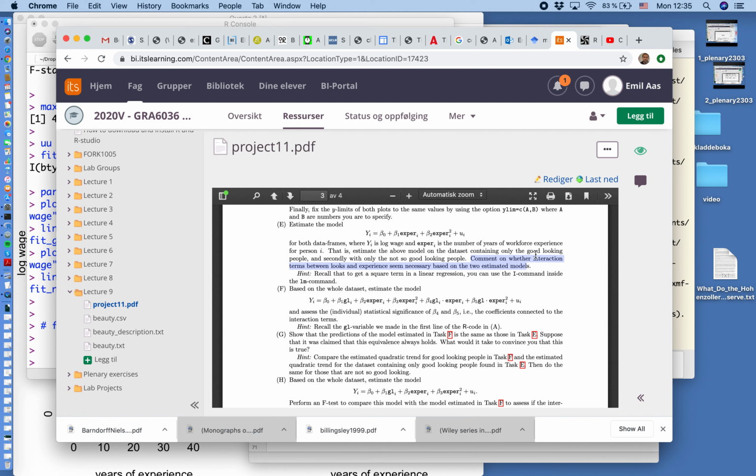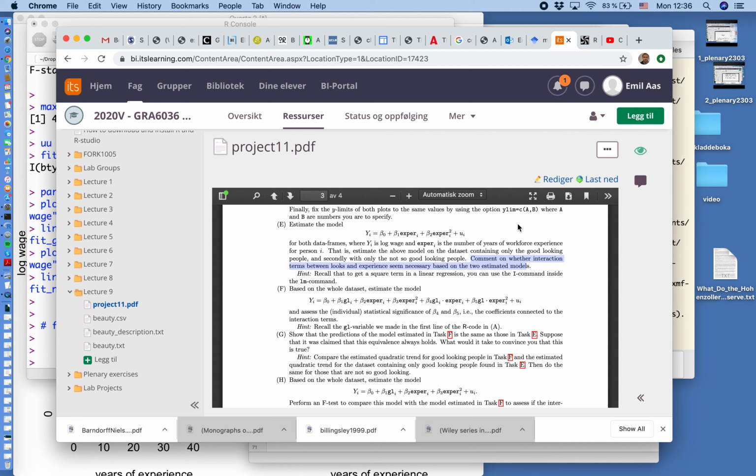So remember that our looks, or our good looking variable, is a binary indicator. So by using that variable when we estimate the model on the full data set, we are splitting the data in two groups, which we did more manually here by making two data sets for those two groups.